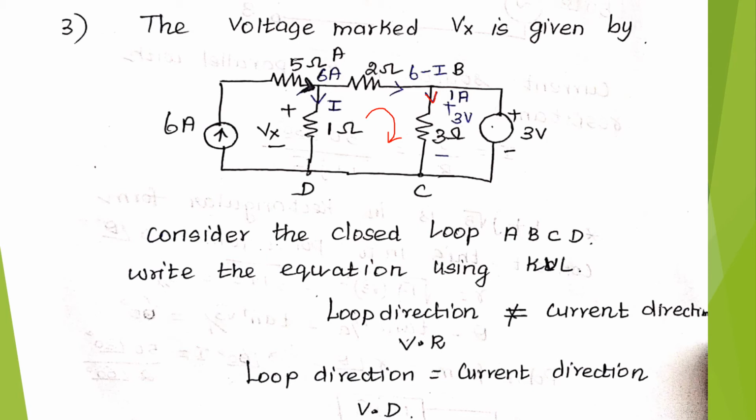Here I have to consider loop direction and current direction. See the loop direction and current direction. Loop direction is A to B and current direction also in the same direction, that is voltage drop. Loop direction not equal to the current direction, that is voltage rise.